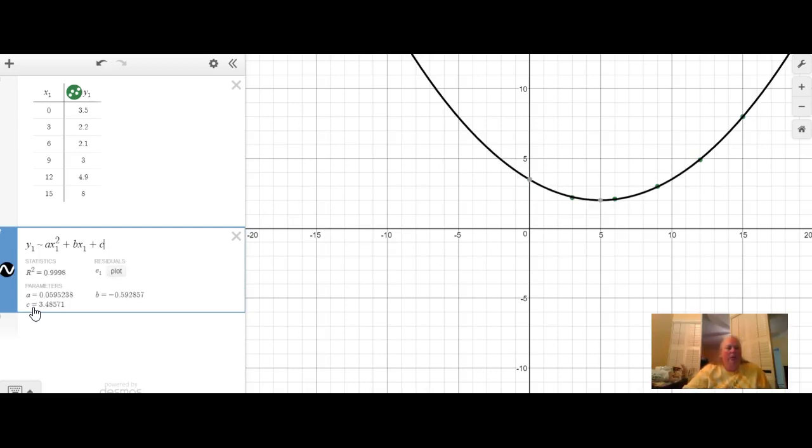What putting the 1 subscripts on here does is tell Desmos to use my table up here, because you'll notice it's x1 and y1, it's not just x and y.